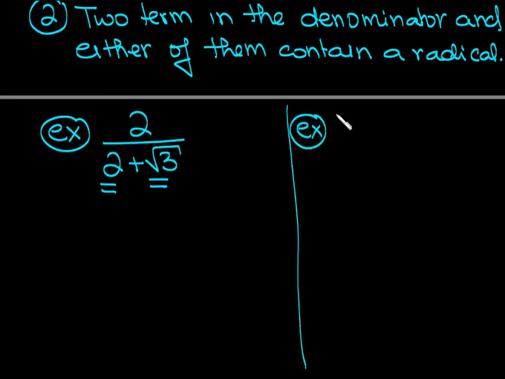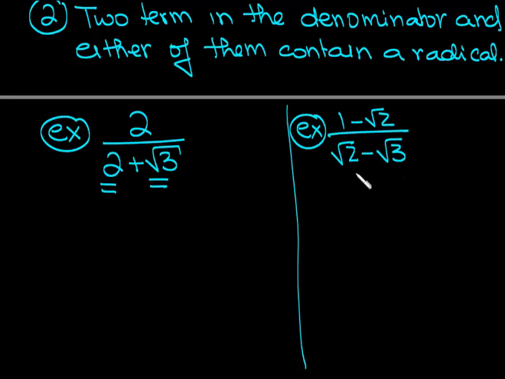I could have 1 minus square root of 2 over square root of 2 minus square root of 3. So these are your two typical problems you could come across.